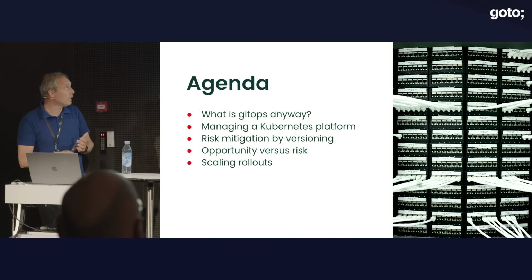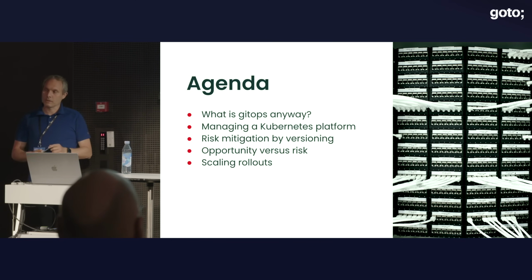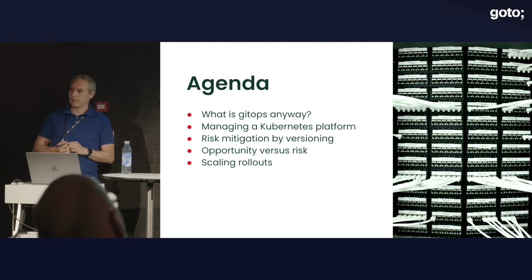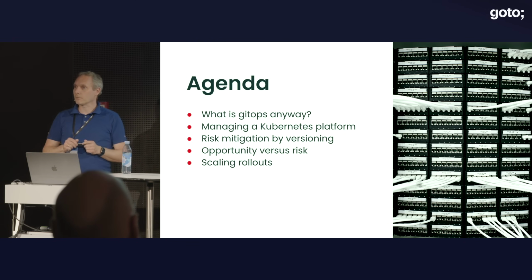For today, I'm going to briefly recap what GitOps actually is. If some of you are not familiar with GitOps, how many are using GitOps on a daily basis here?